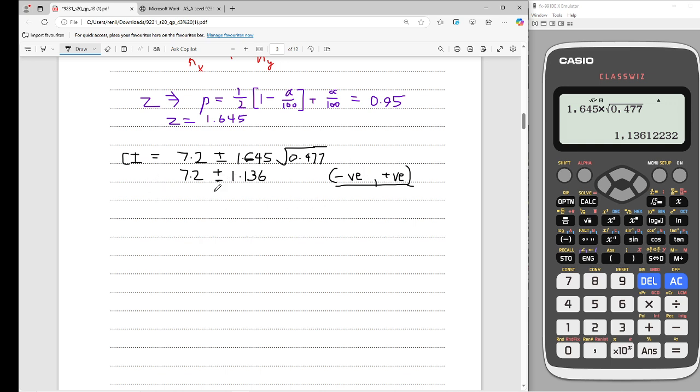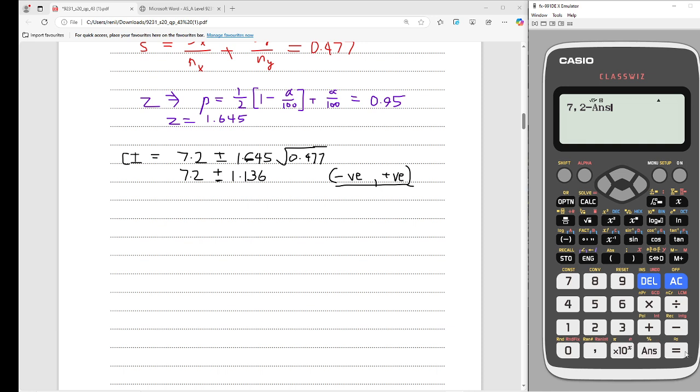So let's perform 7.2 minus this value. Minus this gives you 6.06. So our confidence interval equals 6.06. Keep it to 3 significant figures because it's the final answer. In calculations, we keep it to 4.